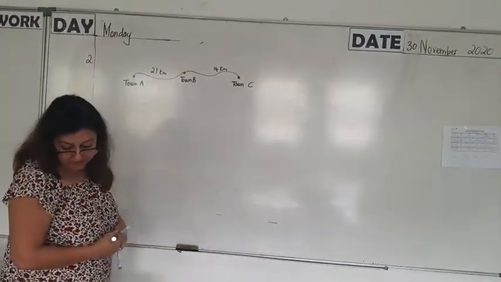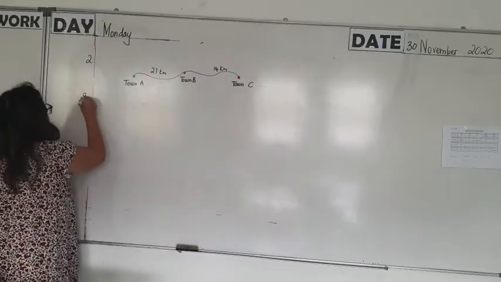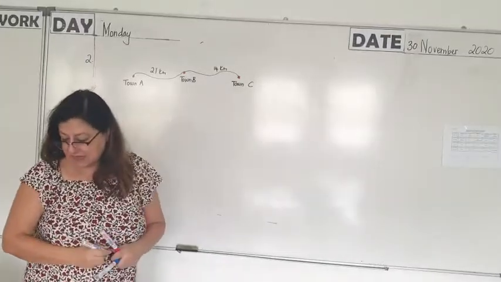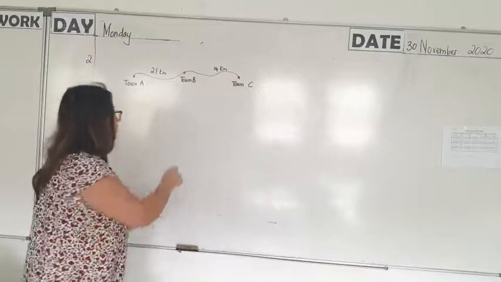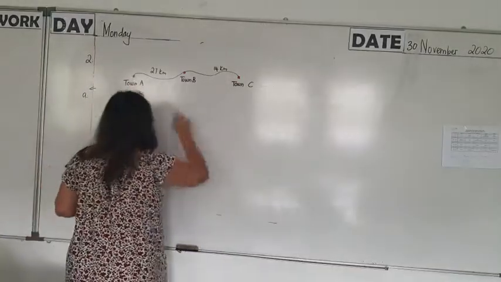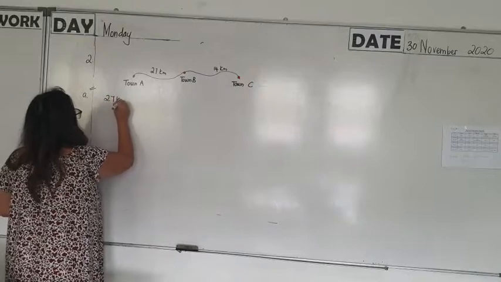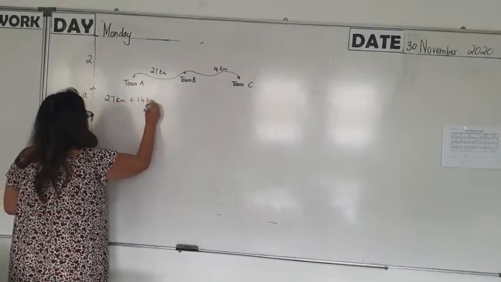Now the first one is A. What is the total distance? Leave a line, and then what is the total distance that the motorist drove? This is very simple. He drove from town A to town C, so that is 27 km plus 14 km.